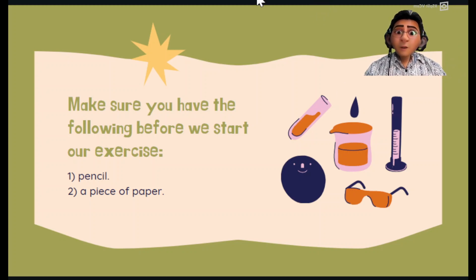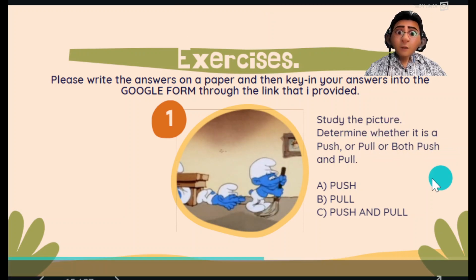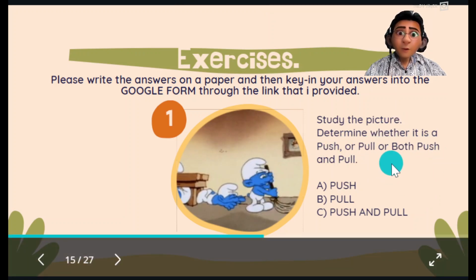So we will check the exercise. Ada jawapan tarus sana, kalau cikgu salah ingat ada jawapan tarus, but that doesn't matter. Kalau pun ada, I will check. We will check the answer next week before our new lesson. So we start with number 1. Study the picture. Determine whether it is a push or pull, or both push and pull.